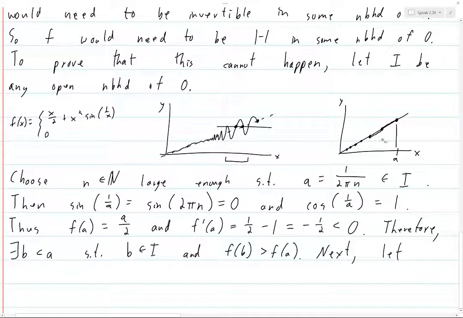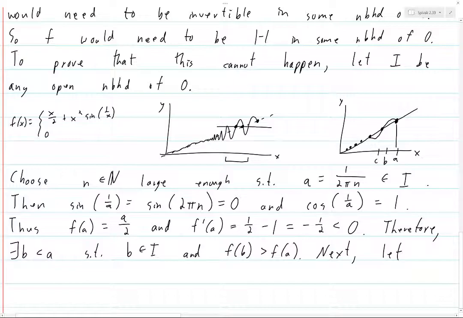So let's redraw this picture a little bit, and of course I completely messed it up. But yeah, this is our picture, and this is going to be b. Now to get a value of x such that f of x is less than f of a, we're going to choose this one.